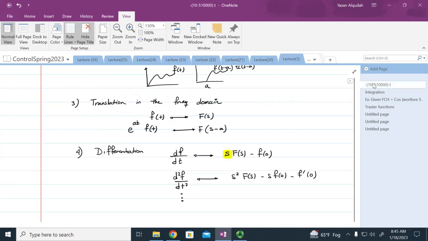For the first derivative, we got s to the 1. Second derivative, s to the 2. Third derivative, what is it going to be? Nth derivative, s to the n.